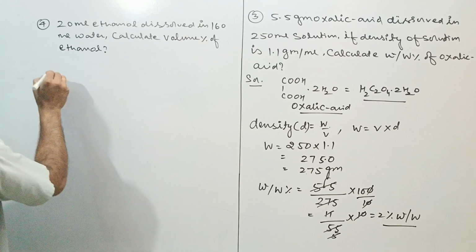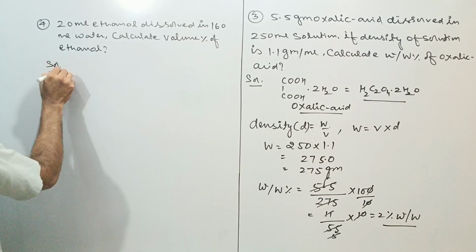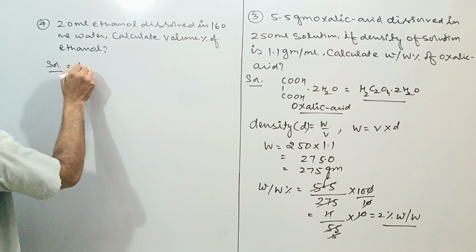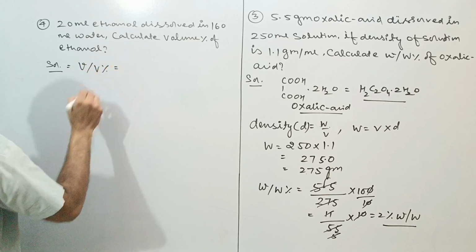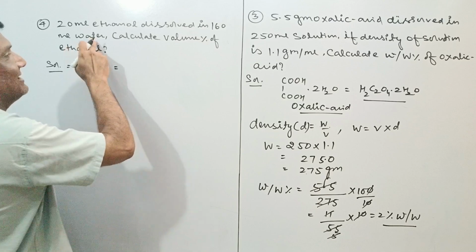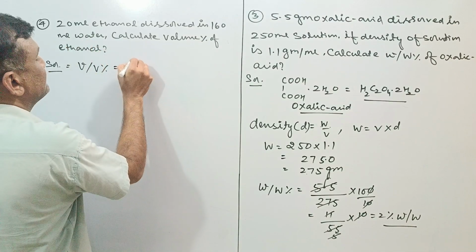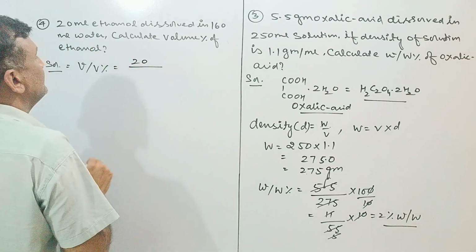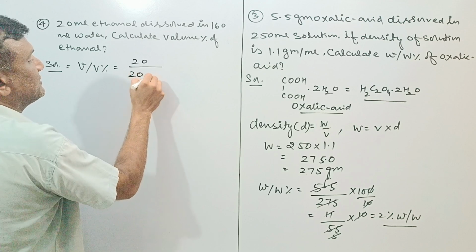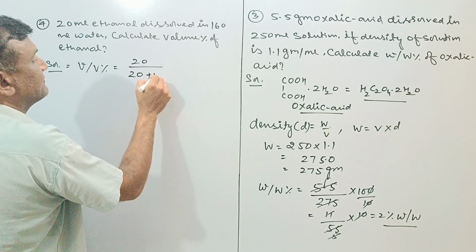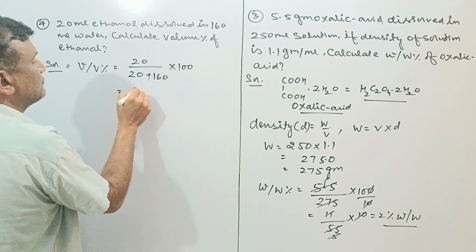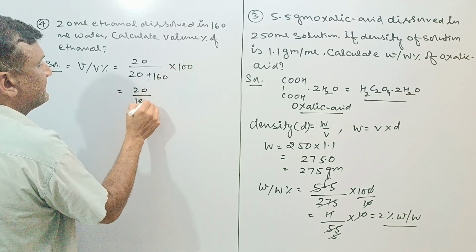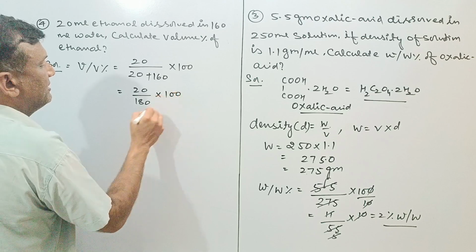First of all, we'll go with the formula. This is the solution. We'll take the formula: volume of solute upon volume of solution. Here water is the solvent. So it will be 20, the volume of solute, plus the volume of solvent, 160, into 100. This will be 20 upon 180 multiplied by 100.